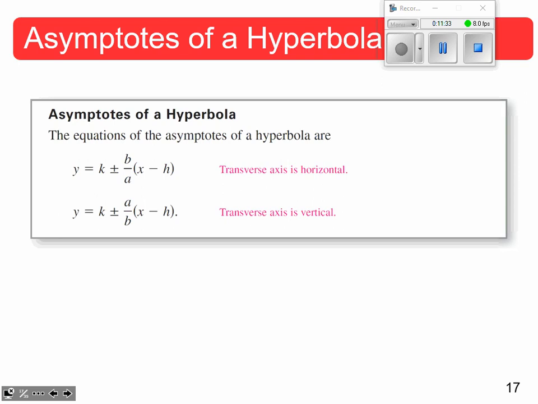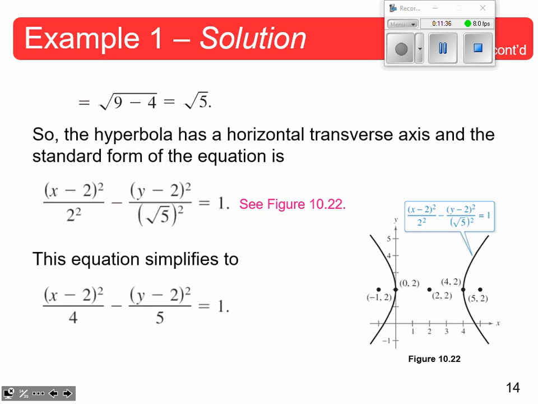So, if we want to look back at the one we had, so b over a for this here, if we wanted to look at the asymptotes, well, y would equal 2 plus or minus, because b in our case was the square root of 5, a was 2, times x minus 2 would technically be the equations that we have for these two essential asymptotes that go across here.